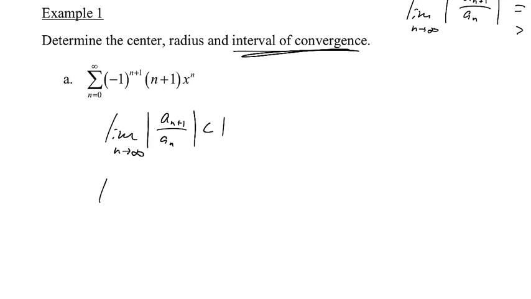Now in this instance, I'm not going to worry about writing my alternating part. You won't lose points if you don't write it because the absolute value will take care of that. So I will write, n+2 x to the n+1 over n+1 x to the n, absolute value less than 1.